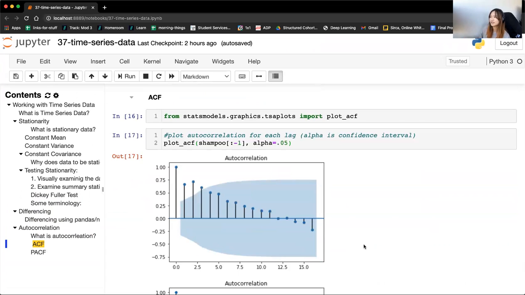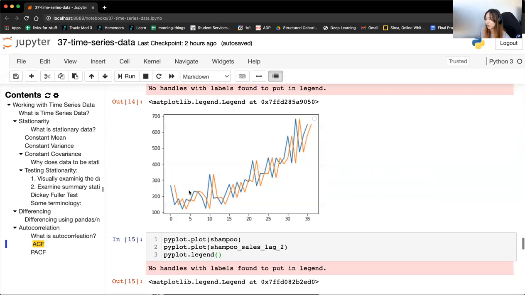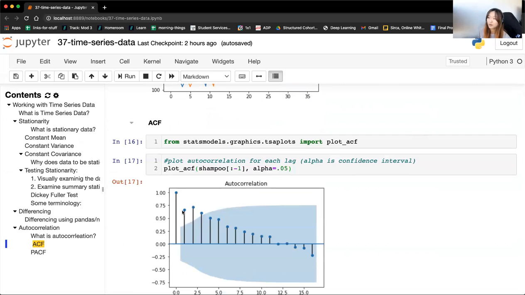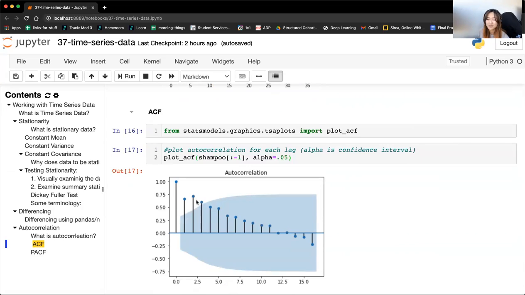For each lag, for each shift in time, it shows the correlation coefficient between two sets of data. Shifted by 0, of course you have a 1, a perfect correlation with itself. But if you shift it 1 day, the correlation coefficient between these two lines is still about 0.7. And shifted 2, the correlation actually goes up to about 0.75.